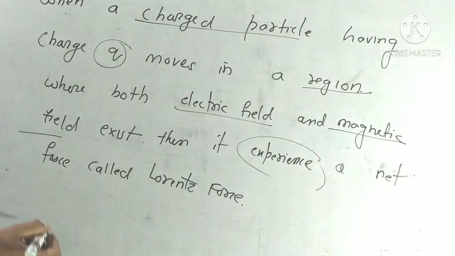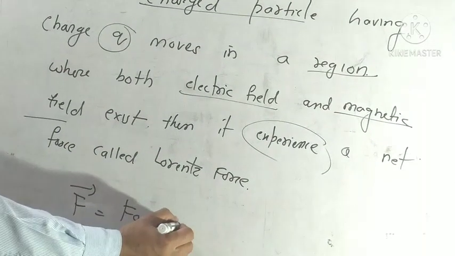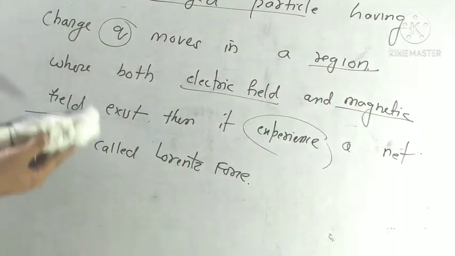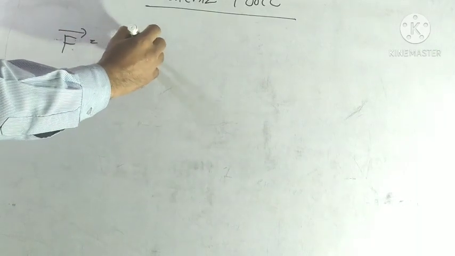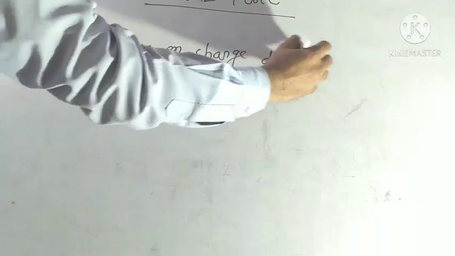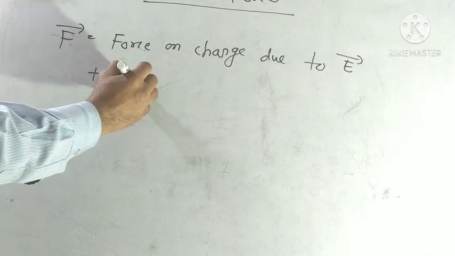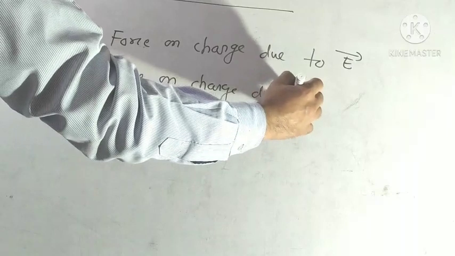So here F, the Lorentz force, is equal to the force on the charged particle. F is equal to the force on charge due to electric field plus the force on charge due to magnetic field.